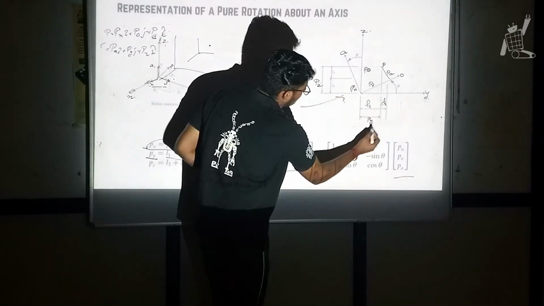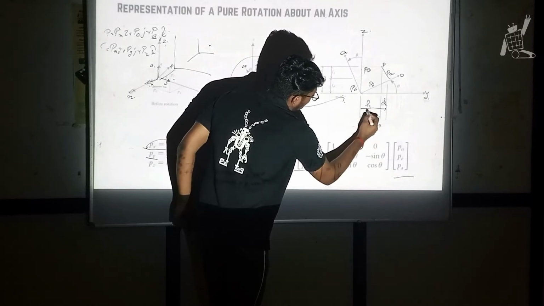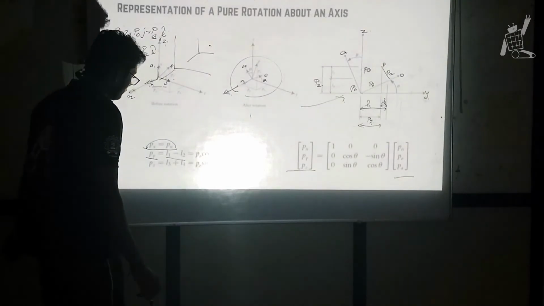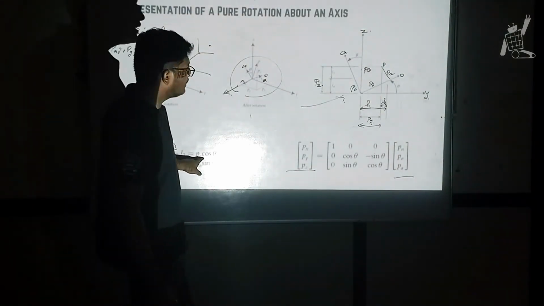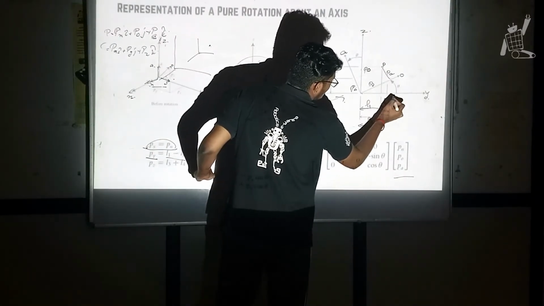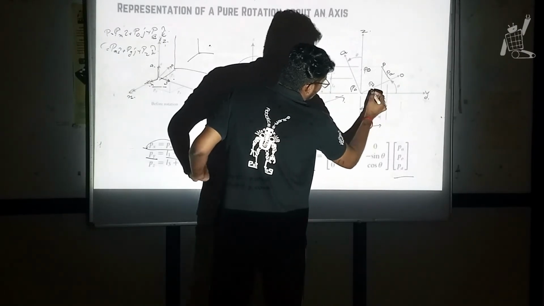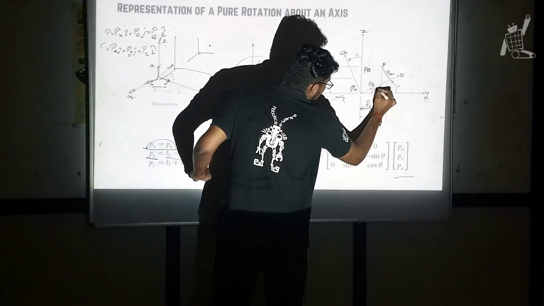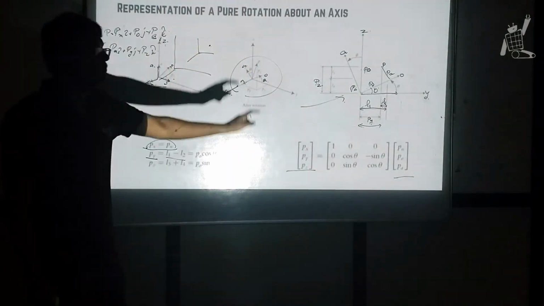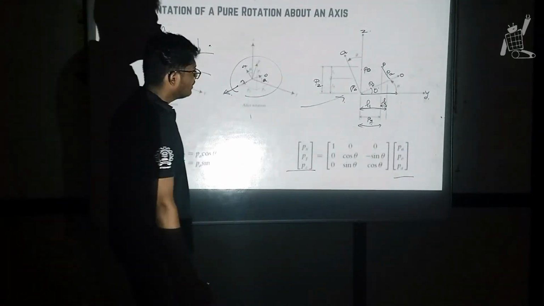L1 can be written as PO cos theta, because this is theta.